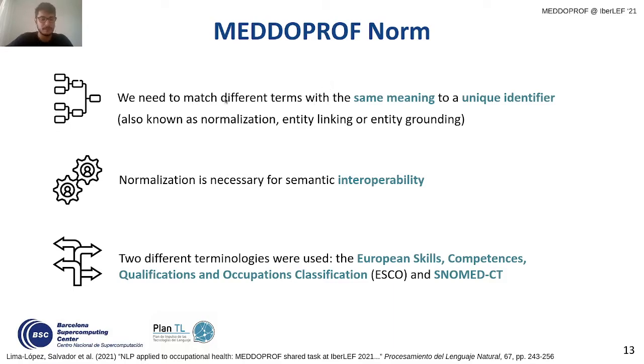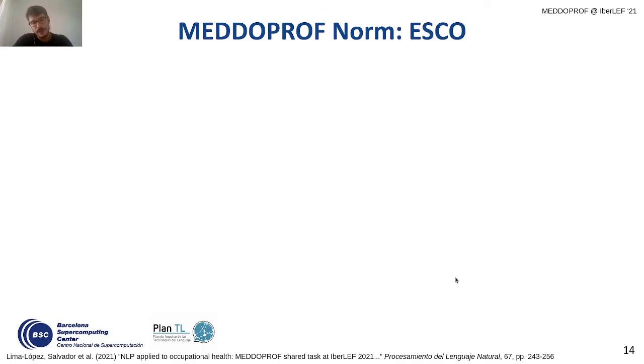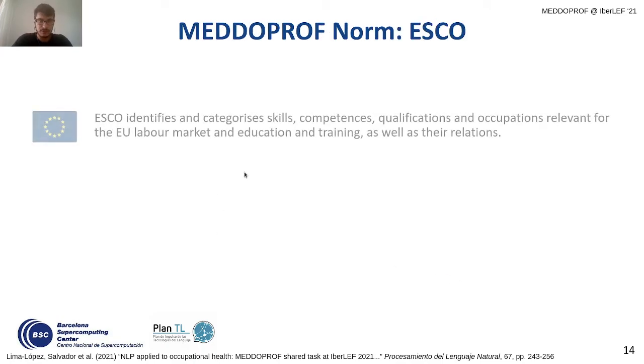It has many names. And we use 2 different terminologies for this: the European Skills, Competences, Qualifications, and Occupations Classification, ESCO, and SNOMED-CT. In case you don't know, ESCO is a classification created by the European Union that tries to identify and categorize skills, competences, qualifications, and occupations relevant for the European Union labor market, and also the relationships between them.